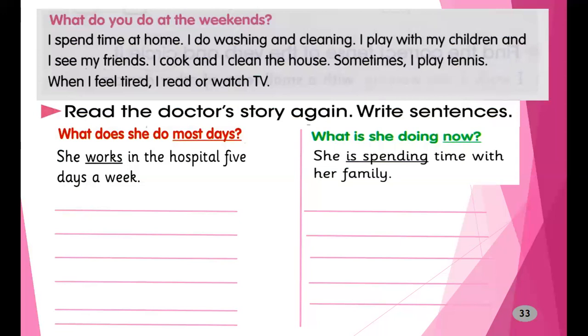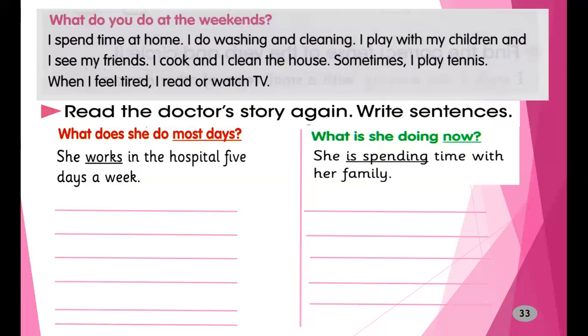On the left, we should write sentences from the story that are in the present simple, talking about the doctor. So the question is, what does she do most days? In the present simple we use do and does in questions, and don't and doesn't in negatives.